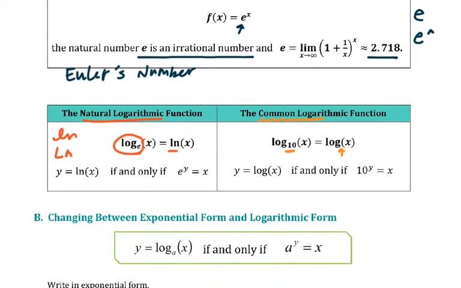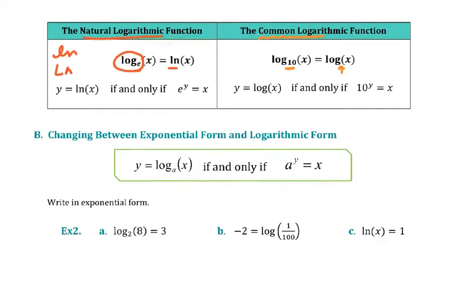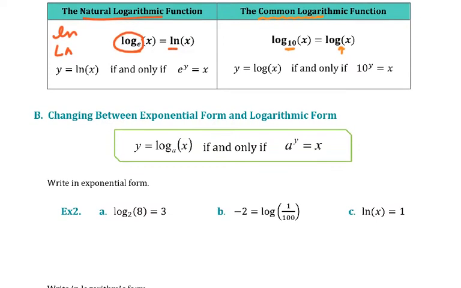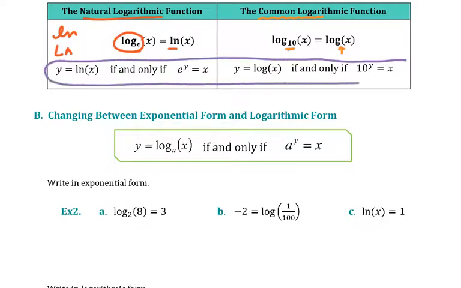The main thing we want to think about as we move forward is being comfortable converting between logarithmic and exponential form. If you'll notice at the bottom, what I'm circling in purple, we have those conversions. If you've got y equals ln x, that converts to e to the y equals x.